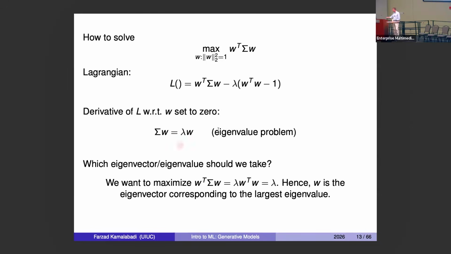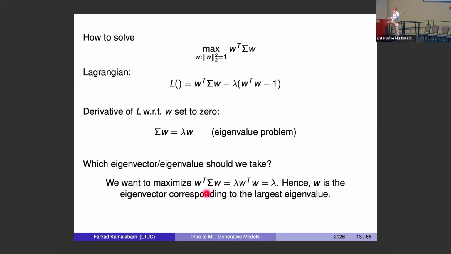So the question is, which eigenvalue, eigenvector should we take? We know that it's an eigenvector, eigenvalue problem. Remember, we want to maximize this variance with respect to the weights, and of course, because this sigma, we know it's diagonal, right? So there are these lambda i's, or if you look at just one vector, there's a lambda for that corresponding vector.